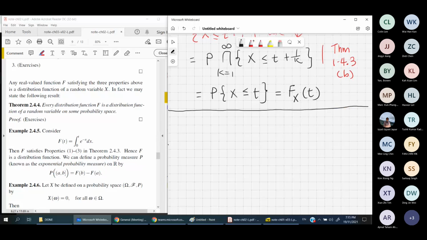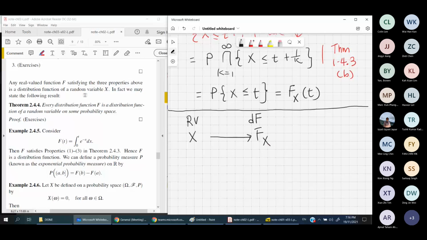First of all, let's say we have an X from our previous setting. This X is a random variable. So if we have a random variable, we can use this X to construct a PX, and then we can use it to construct an FX. This is the so-called distribution function.